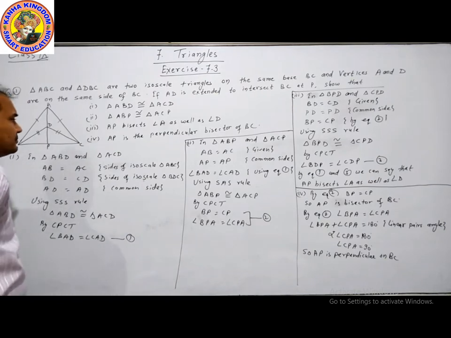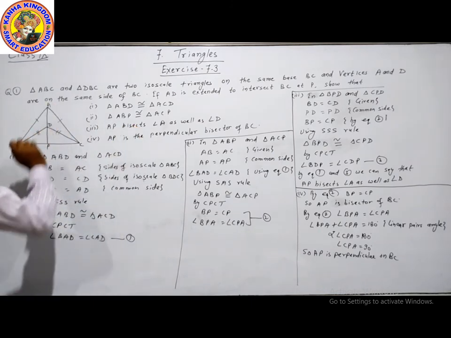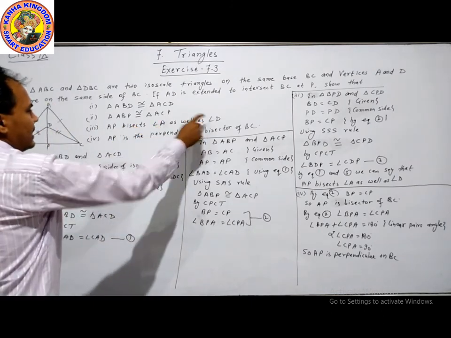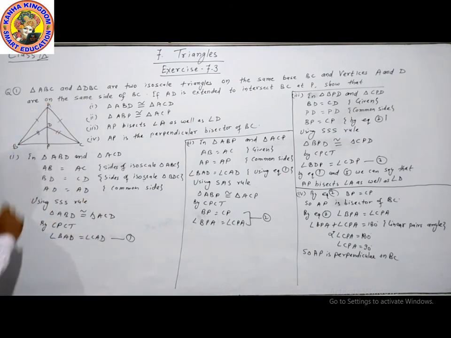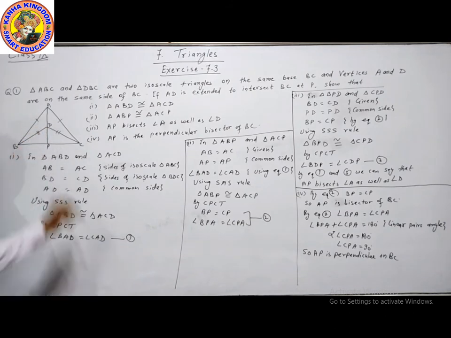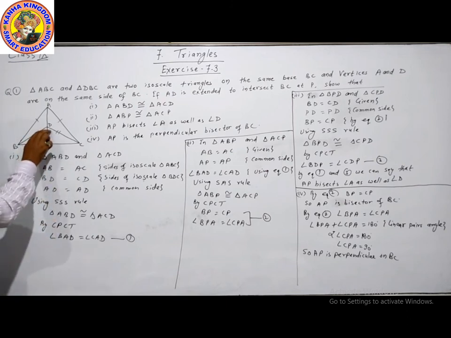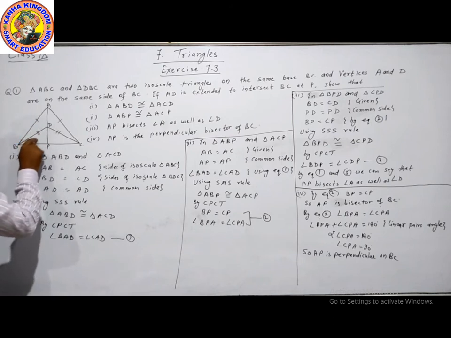The third question is: AP bisects angle A as well as angle D. By equation first, we can say that angle A is bisected. This is bisecting angle D. This is our angle D, which is situated at these two triangles.